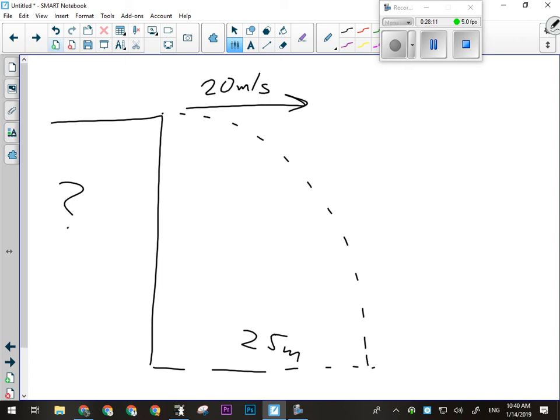Okay, so something goes off this cliff at 20 meters per second, hits the ground below 25 meters away from the base of the cliff. I want to know how tall is the cliff.